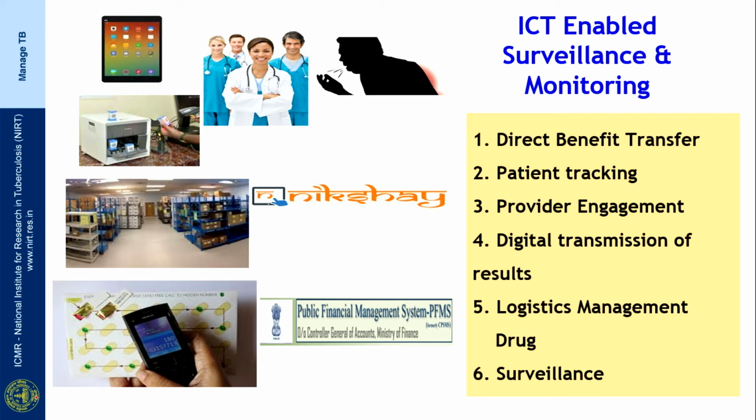Then logistic management of the drugs: drugs are provided free of cost to all public patients as well as private patients, and there is proper logistic management at the state level as well as at the district level, so that there is uninterrupted supply of the drugs and drugs can be managed properly.